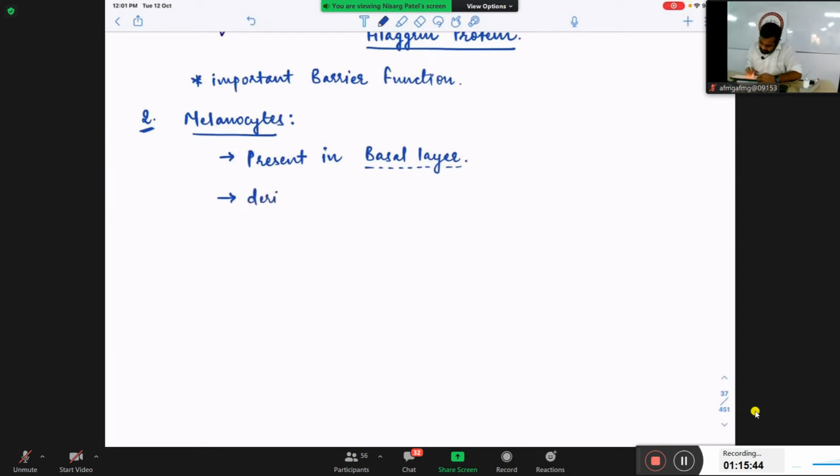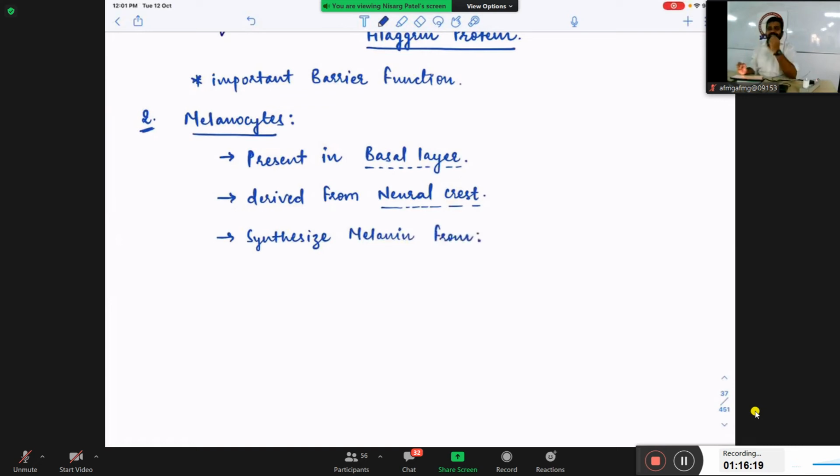They are derived from the neural crest. These cells synthesize melanin from which amino acid?